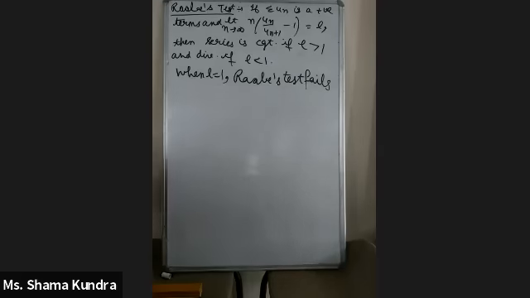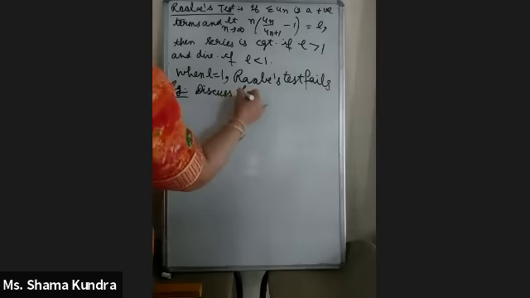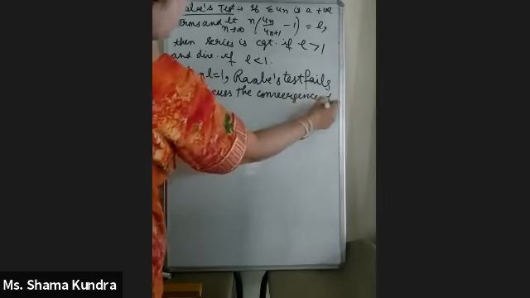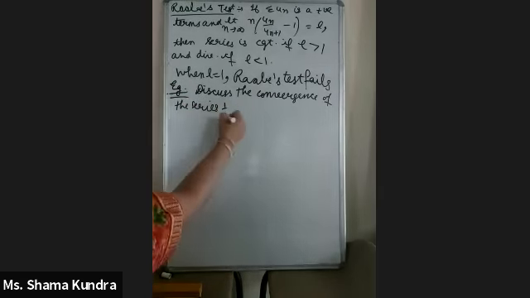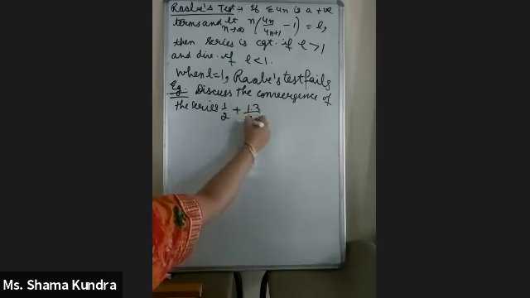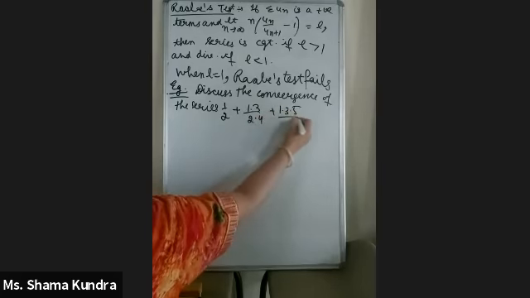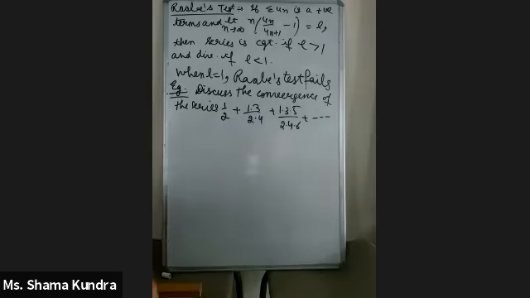See one example. Discuss the convergence of the series 1 by 2 plus 1 into 3 by 2 into 4 plus 1 into 3 into 5 upon 2 into 4 into 6 plus so on.